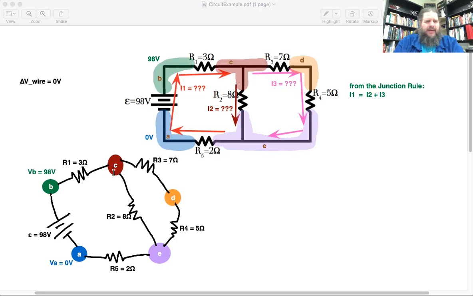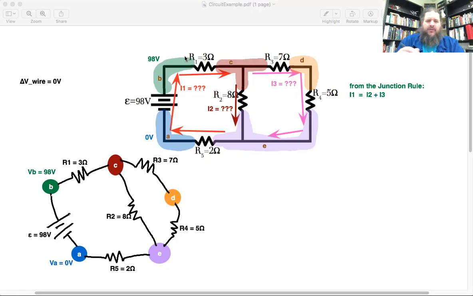But let's say you're at location C. How can you get from location C to location E? You can go through R2, or alternatively, how else could you get from C to E? Yeah, you can go through R3 and R4.